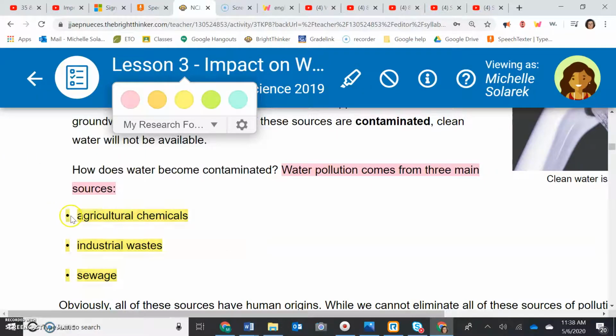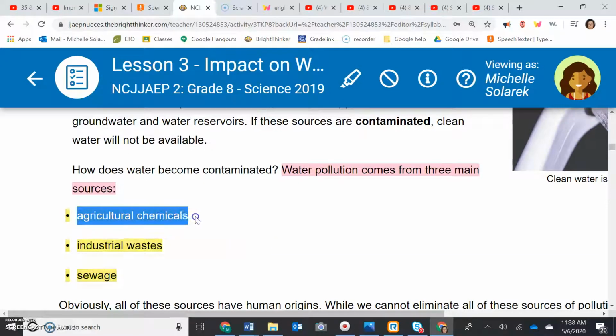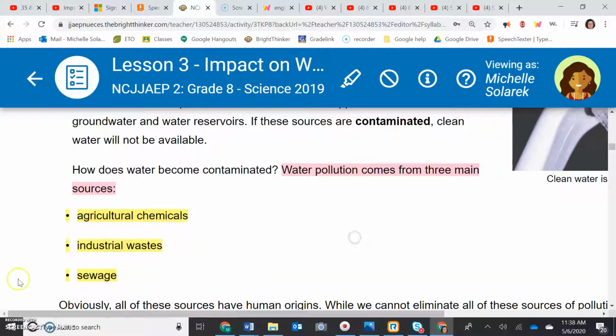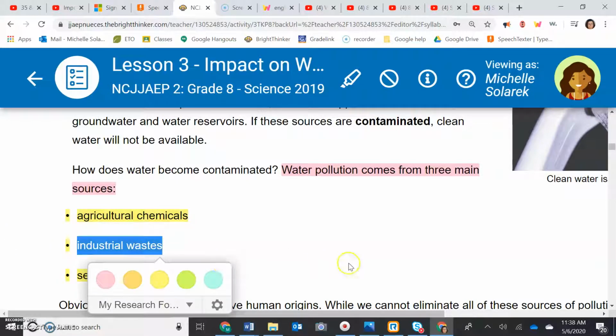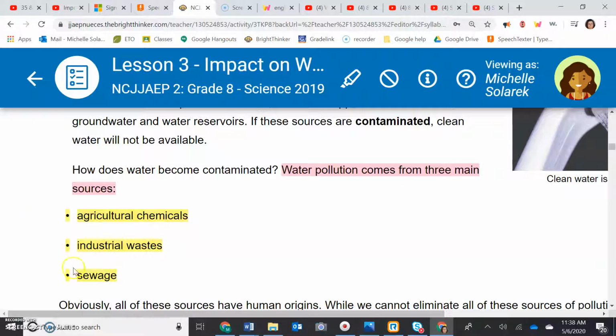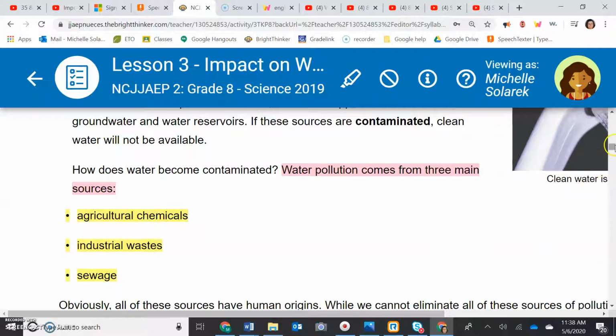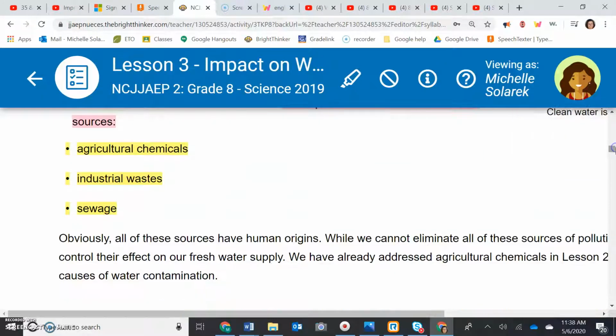You're going to write down agricultural chemicals, AGRICULTURAL, then the word chemicals. Next, you're going to write down industrial waste. And after you write down industrial waste, you're going to write sewage. So those are the 3 main sources of pollution. Those 3 things are what wrecks our water.